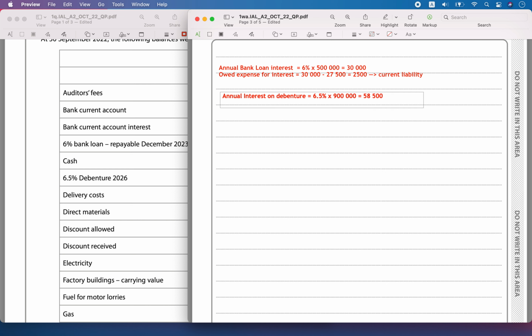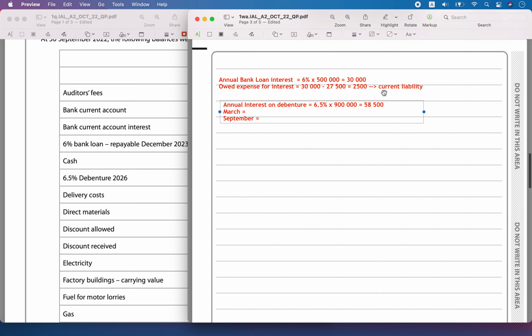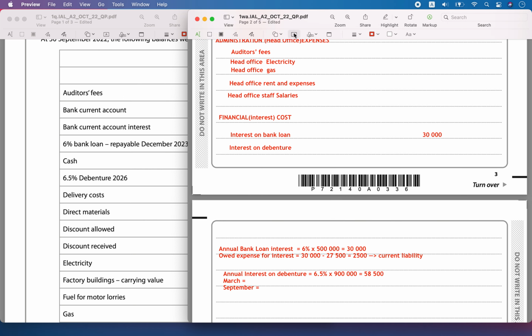Now they are paying in 2 installments, one at the end of March and one in September. Whether they pay in equal installments or 2 installments, the total interest is 58,500, so you will have to write it here.